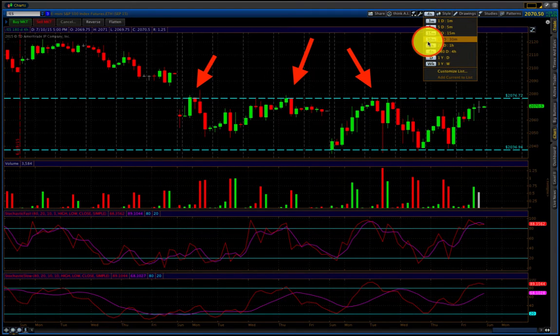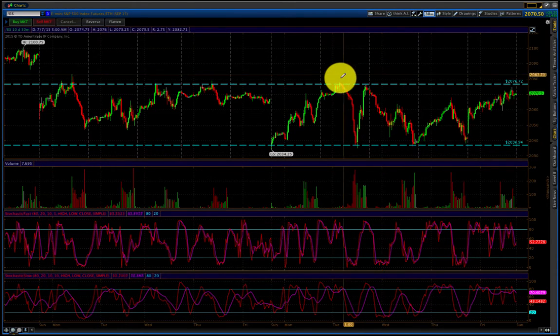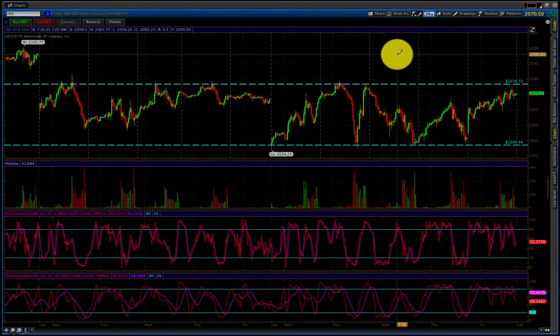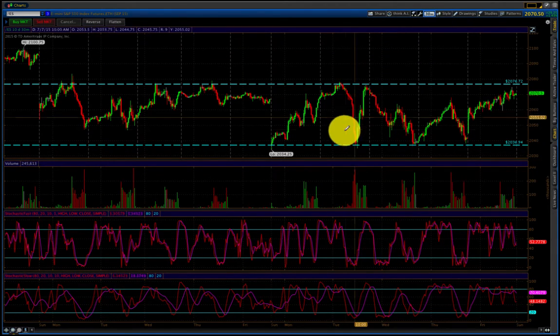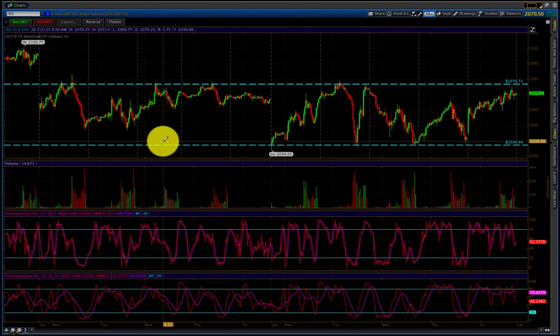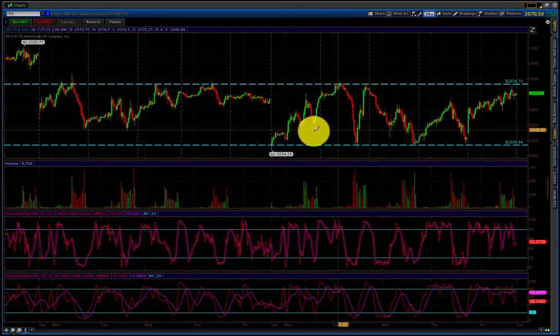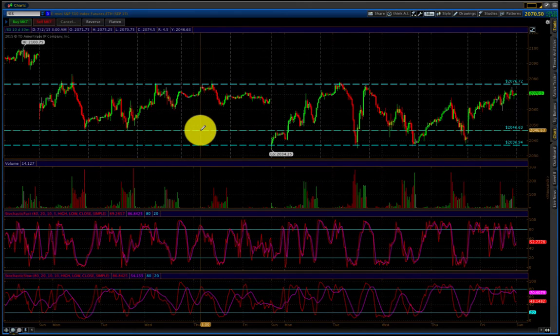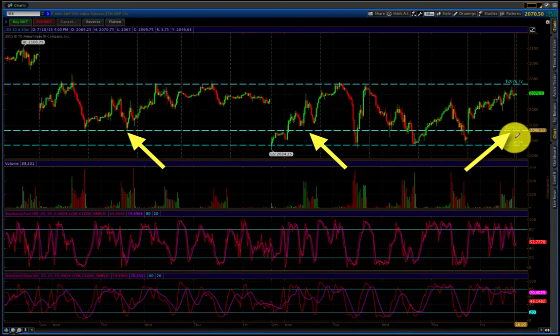And then it kind of holds. So what looks interesting, seeing these 2 points over here, these 2 points over here, to me that looks like, for this downtrend to continue, if that's where we're going, it would need to break below 2046.